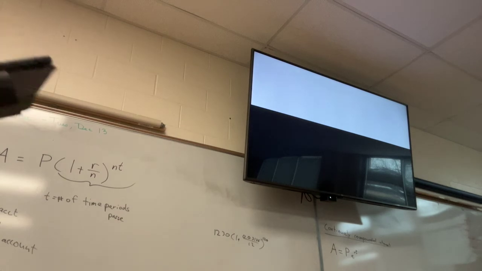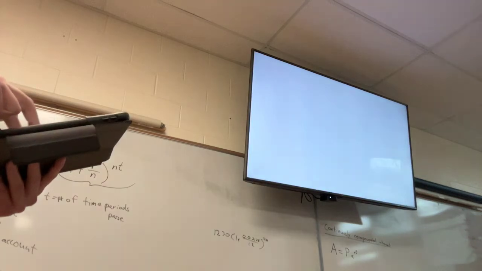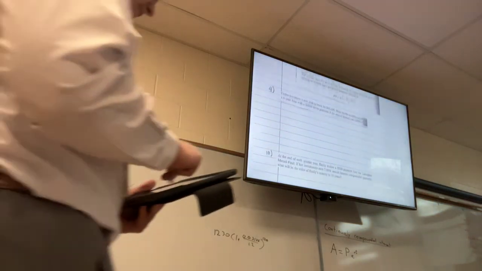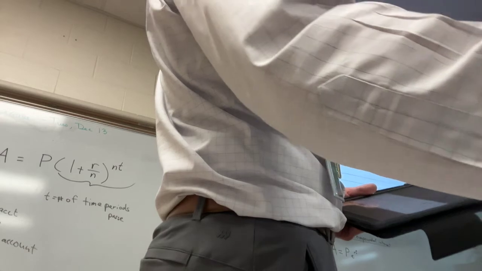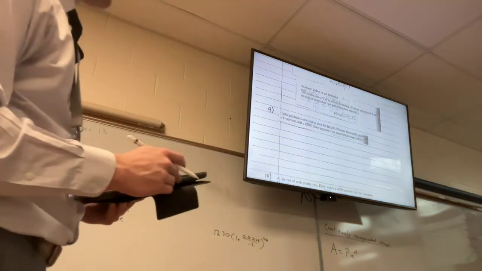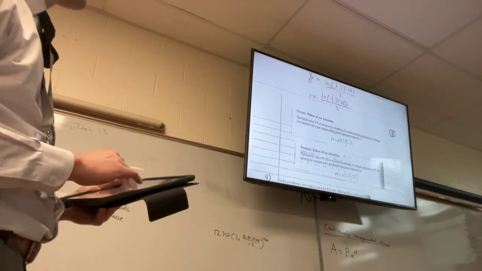Cool. So there's another concept we have to learn about. The other financial math we're going to talk about is annuities. Do you guys do annuities in Algebra 2? Okay. So here we go.